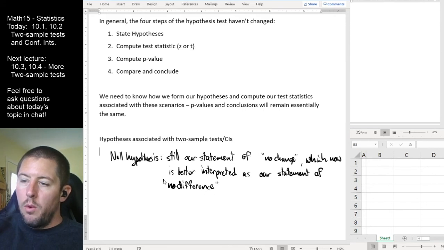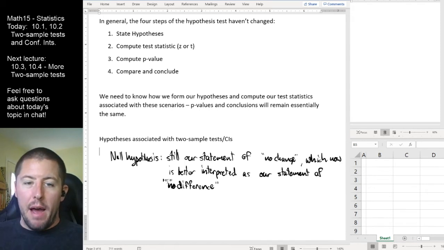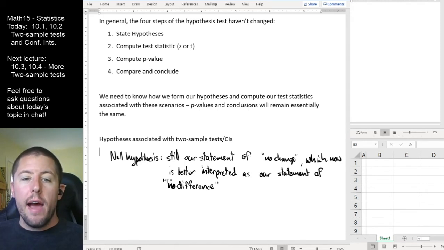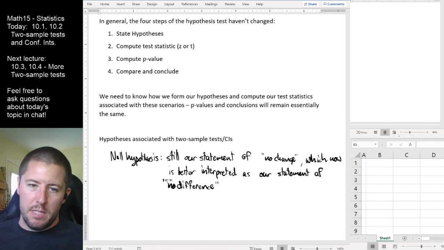So what that means to me is that in all of these cases where we're saying, are men taller than women, the null hypothesis will say no. Do Coloradans go to college at a higher rate than Californians? Our null hypothesis is going to say no. It's the statement of there is no difference between the two groups.